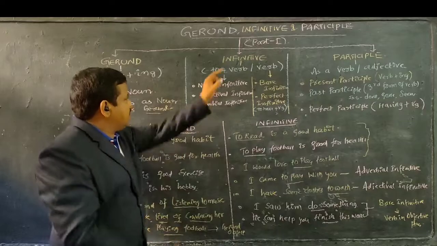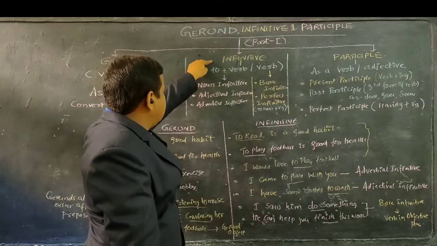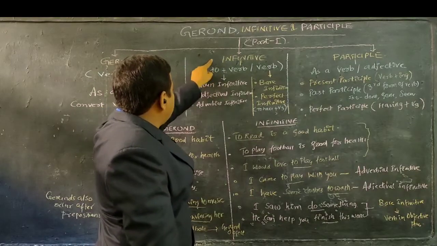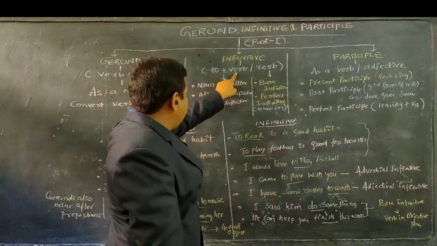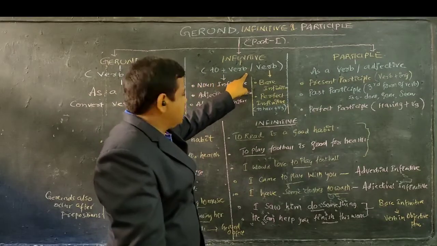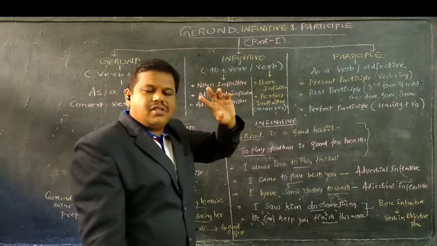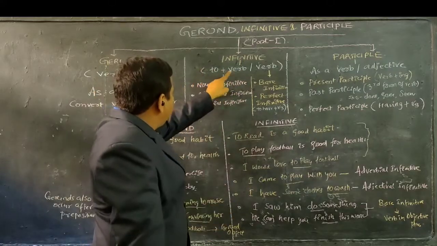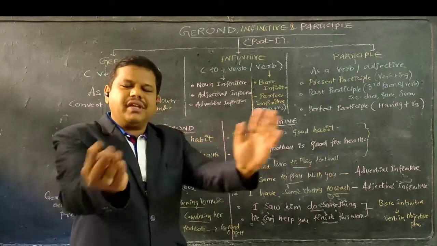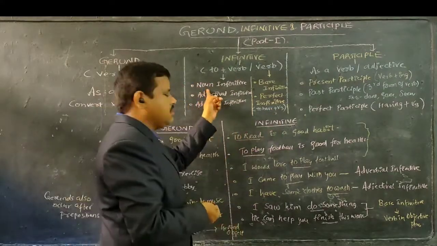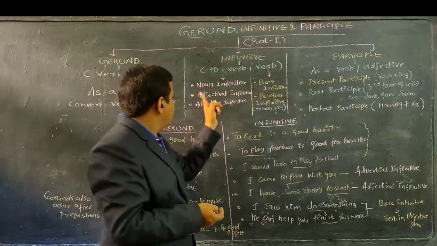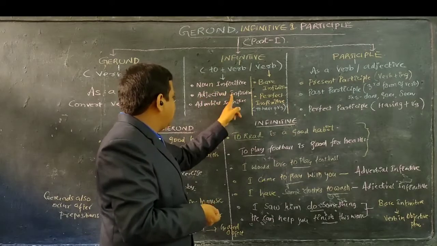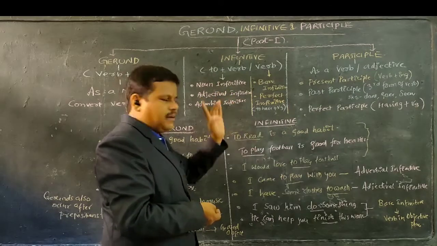Now in the same case, as we just discussed for infinitives, either we can use to plus verb in the subjective place. When you are using only the verb, you should use it in the object place. Even to plus verb form we can use in three different ways: the first is the noun infinitive, the second is the adjective infinitive, and the third is the adverbial infinitive.